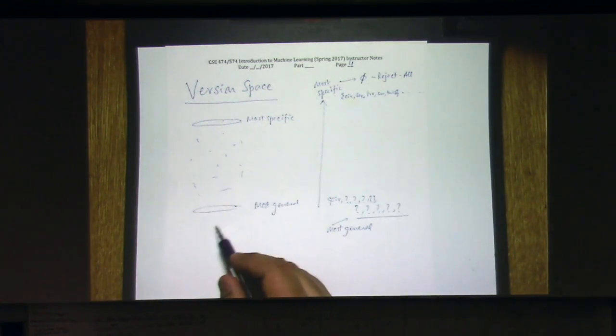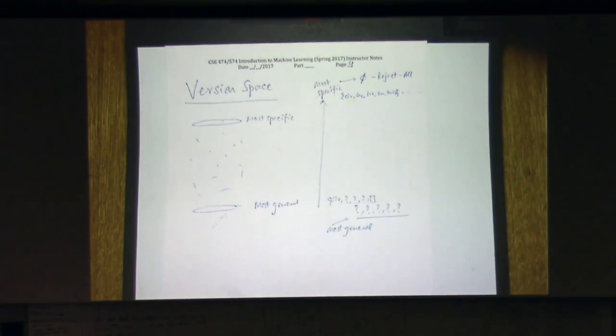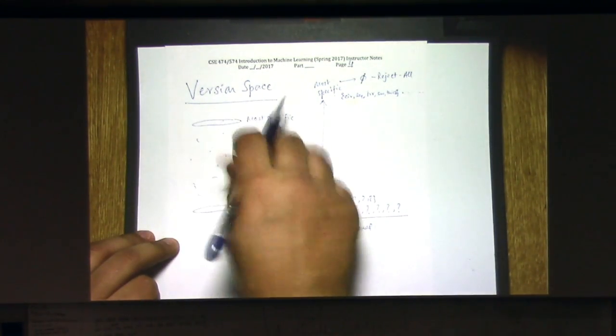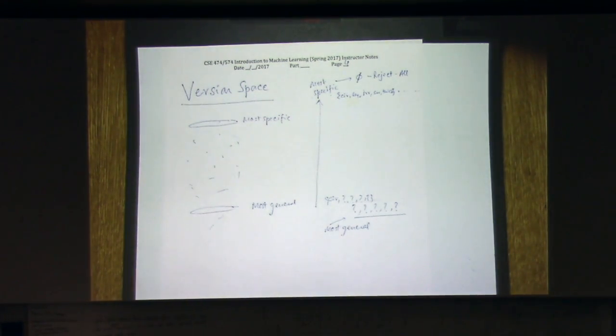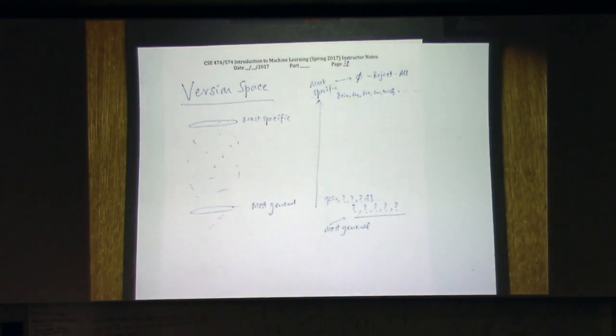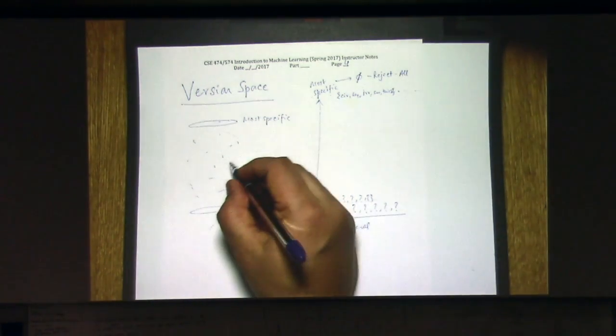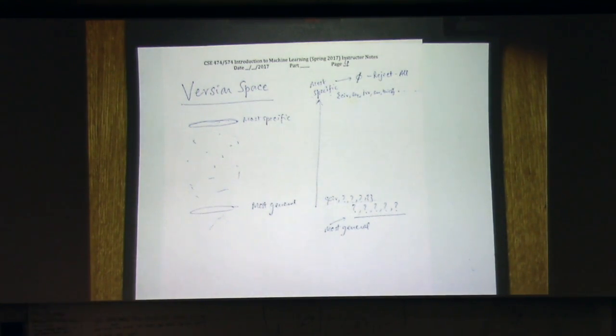So we call this the most general boundary and the most specific boundary. It turns out that we will see a theorem that we can ignore all of these hypotheses, put them on the side and only use these, and that will be enough. What we will see is that if we can learn these boundaries, that's it. We don't need to learn things in the middle.